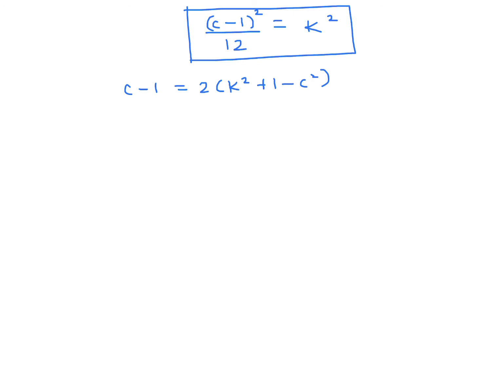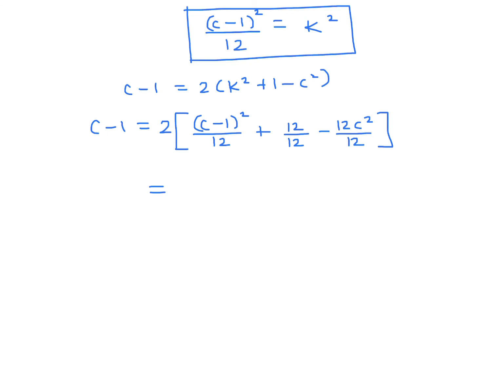Now we can solve. So I'm going to substitute the value of k squared for that. So c minus 1 is going to be 2 times k squared, which is c minus 1 all squared over 12, plus I'm going to get a common denominator, so 12 over 12 minus 12c squared over 12, like that.